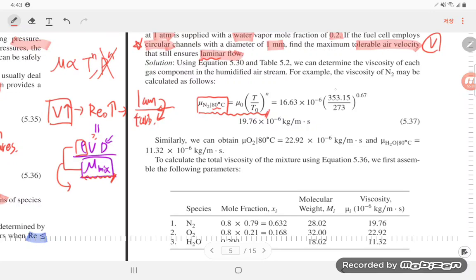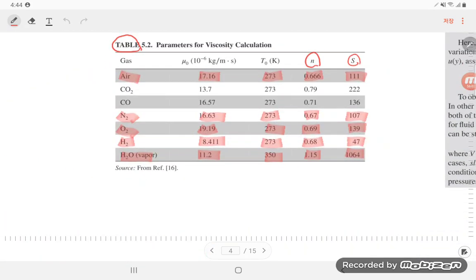So we insert the temperature in Kelvin, and we should find mu 0 at STP and also n for nitrogen. So where is the nitrogen?